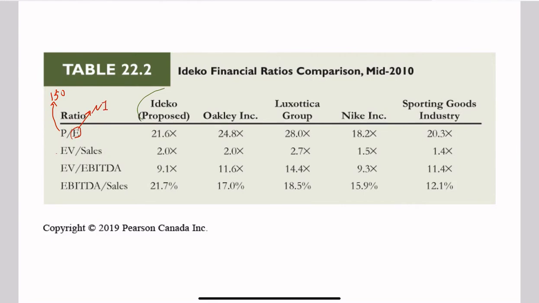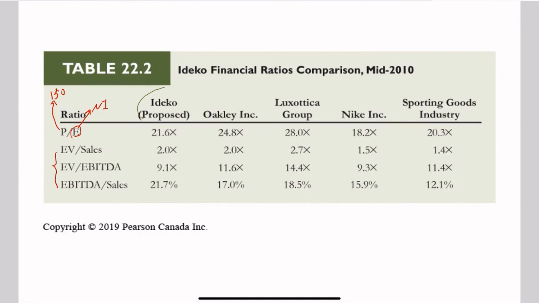And then for the other ratios, they're quite easy to understand, right? EV basically refers to the firm's enterprise value. And then what you will do is you will calculate these valuation ratios for Idaco. And you will compare these valuation ratios with ratios obtained from other comparable firms.